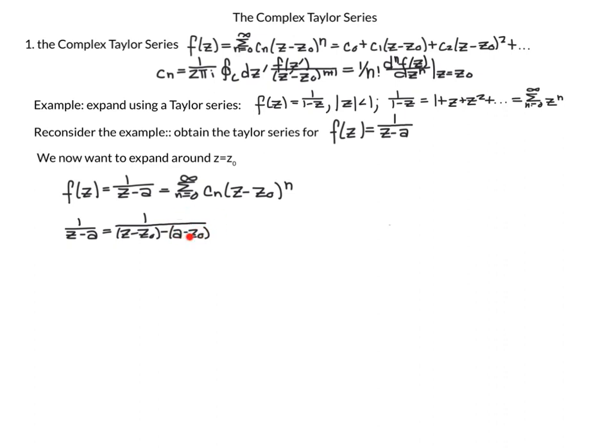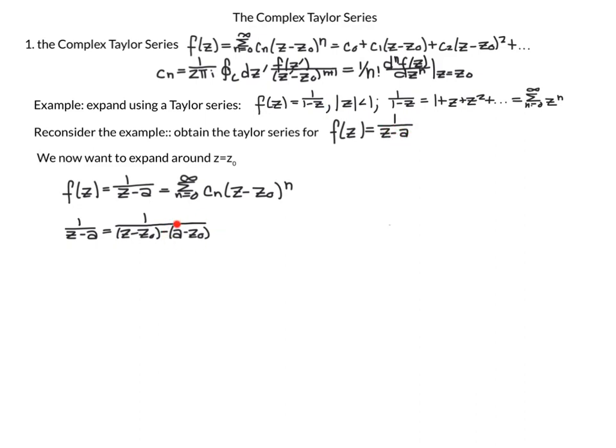Now this becomes exactly the same thing we had when we were trying to write f of z, 1 over z minus a, to look like 1 over 1 minus z. What we did is we divided the entire numerator and denominator by minus a to make this minus a into 1.